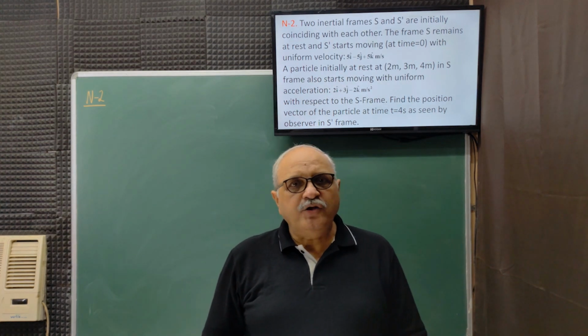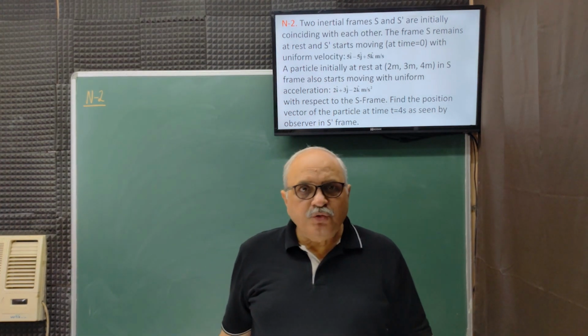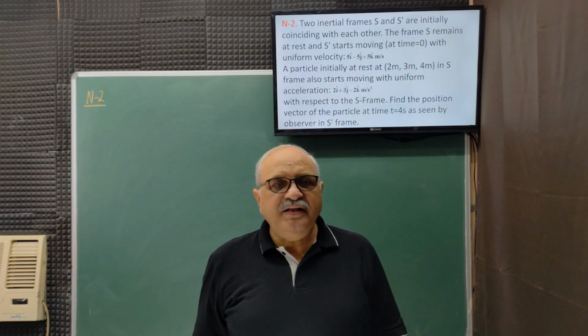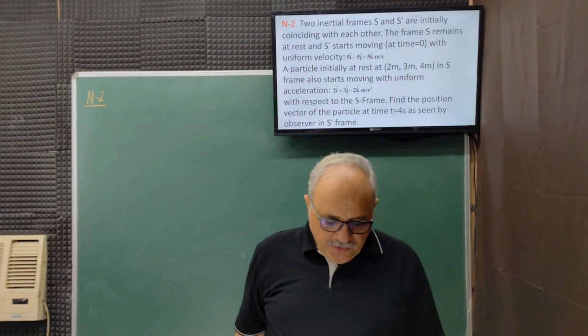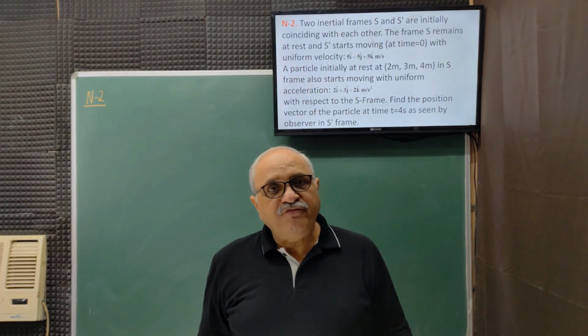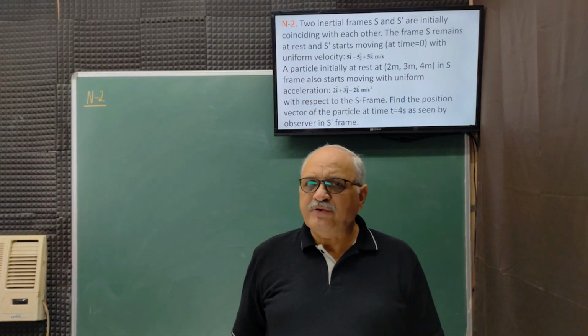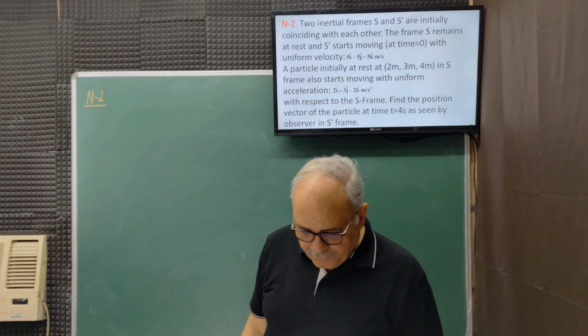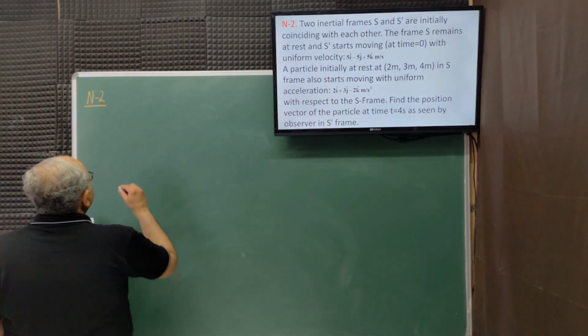So let's take the second numerical. This numerical is from the Galilean transformation equation, as the velocity of the moving frame is very small compared to the velocity of light. There are two frames.